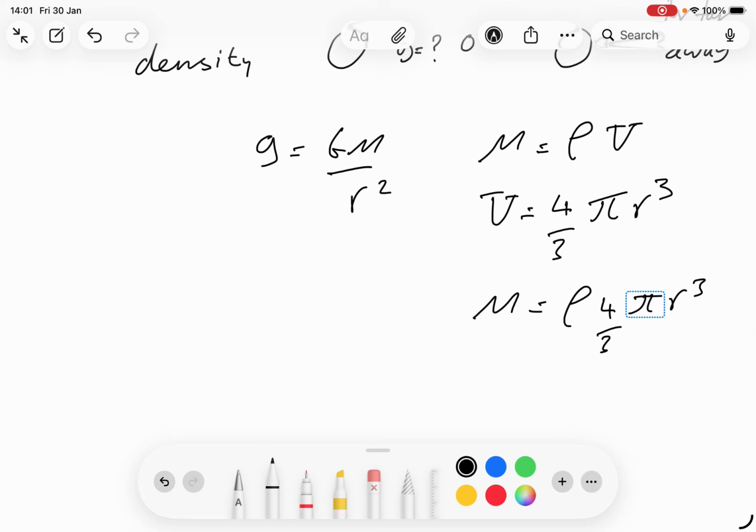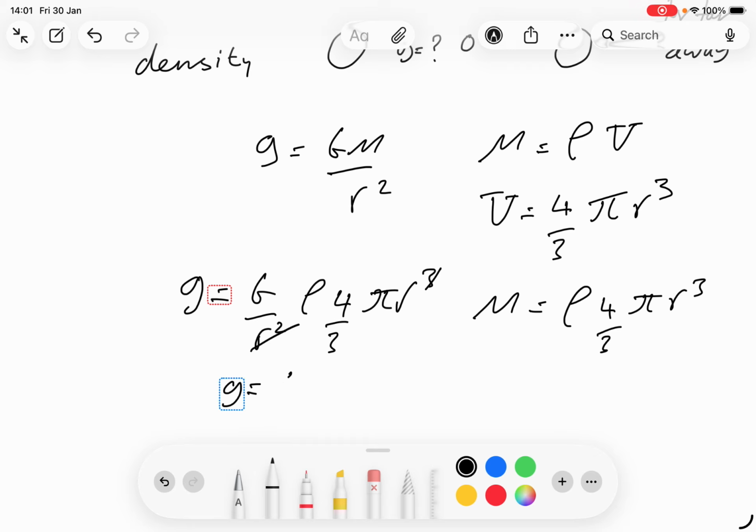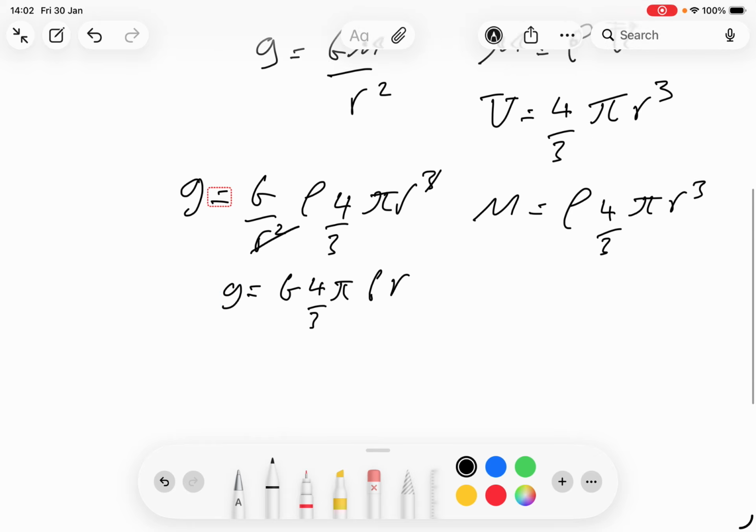So we put that back into this equation. We've got G over r squared times rho 4/3 pi r cubed. And then that would mean that the r squared cancels down to a single r. So g is, we'll just do all the constants first, G 4/3 pi rho r. And that is in one of the questions you'll be tackling this week.